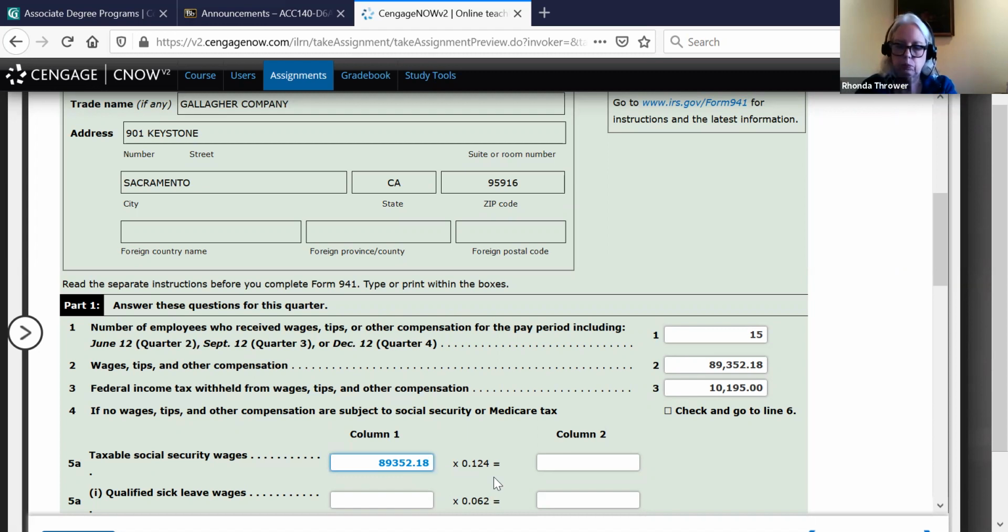So 89,352.18 times 0.124 will give you $11,079.67. You multiply these two to get this amount, and that's what you're going to enter into your column 2.